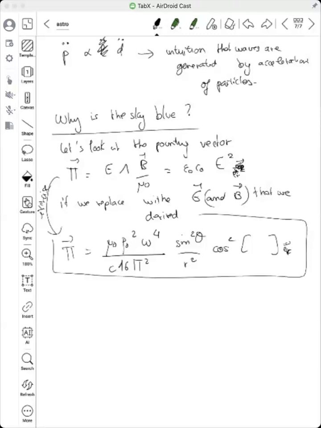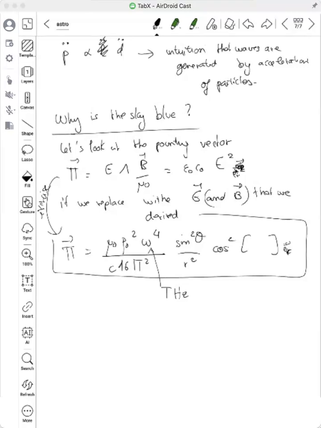Now it's important to realize that in the visible, omega is in terahertz. It's very, very hard to actually measure the instantaneous value of the Poynting vector.